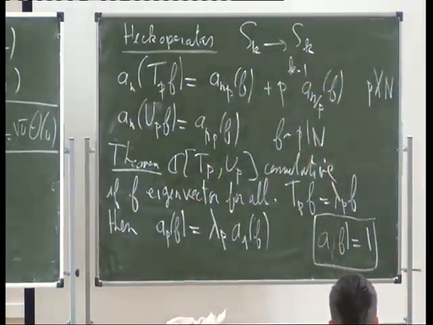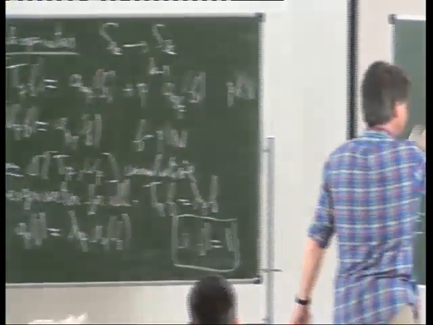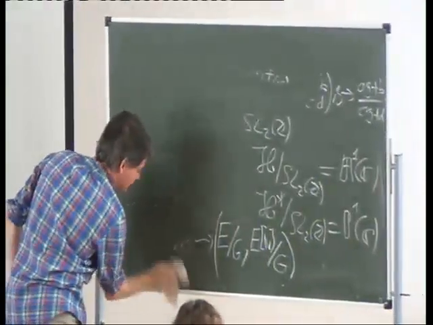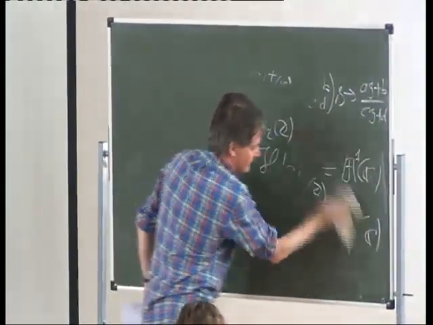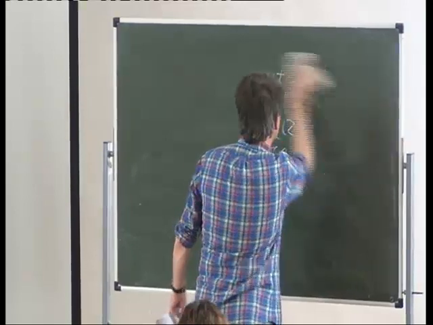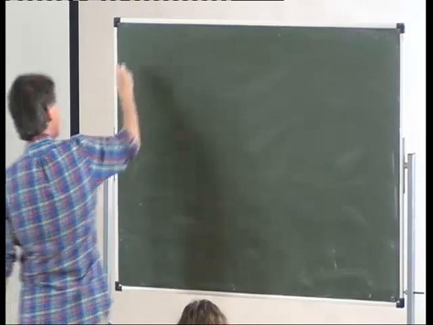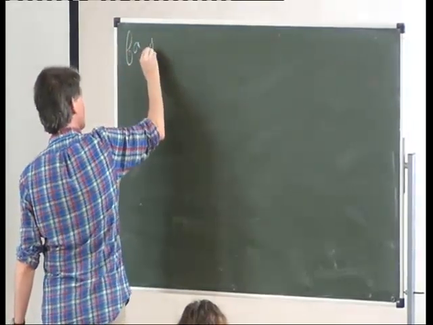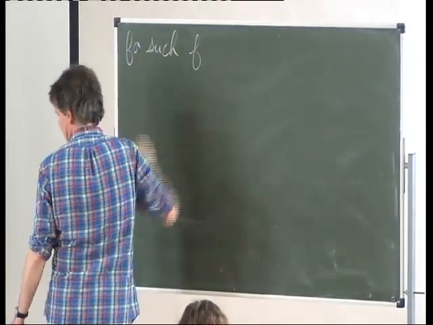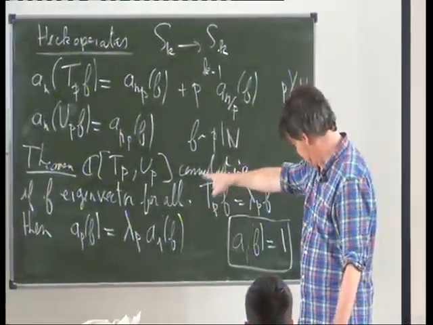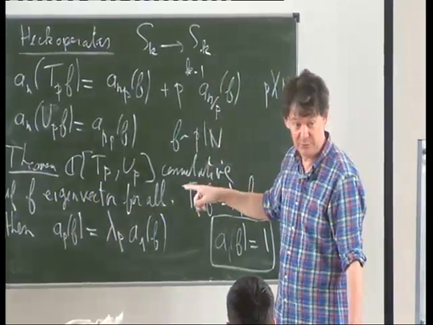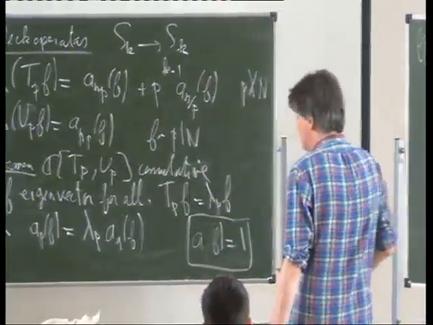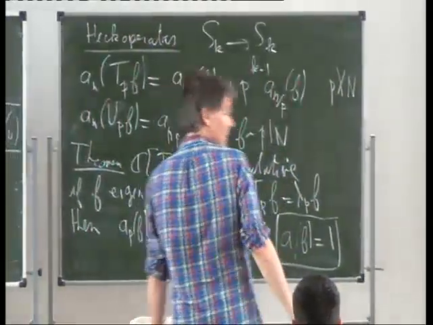Now, what can be shown is that for such an f, a normalized f that is an eigenvector for all the Hecke operators, then it's almost a formal computation to show that the L function can be written like this.